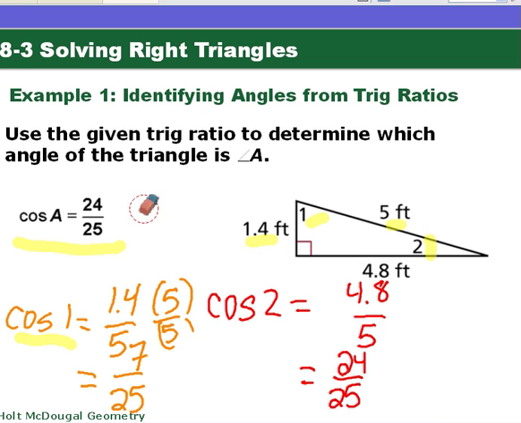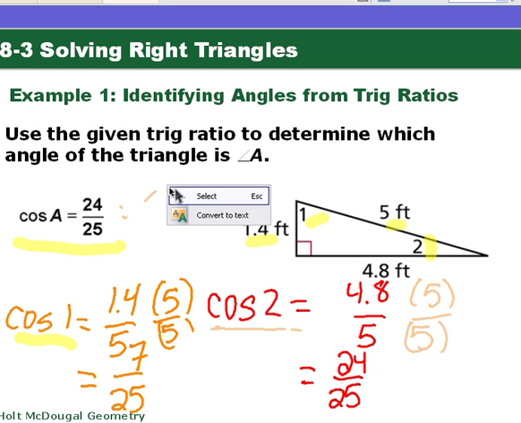It doesn't work. Now we look at cosine of angle 2, which would be adjacent, 4.8 over 5. Again, multiply the numerator and denominator by 5, and we're going to get 24 over 25. So angle 2 meets this. That is what angle A is going to be.